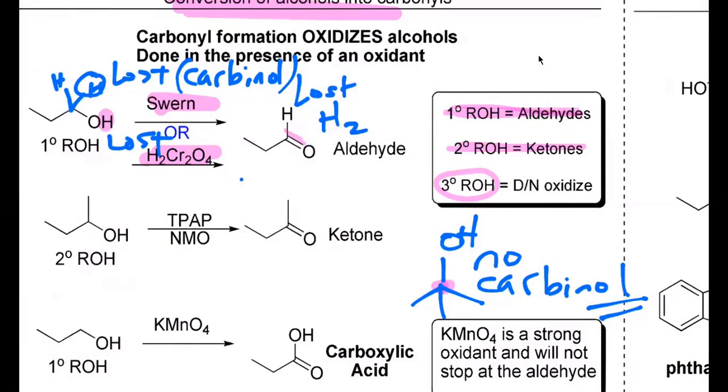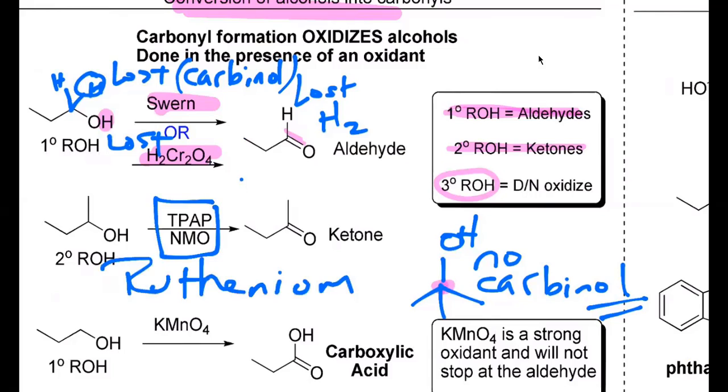All right. So the other oxidation is with TPAP and NMO. TPAP is an acronym that's short for tetrapropylammonium perruthenate. So it's a ruthenium type catalyst. Ruthenium is a transition metal.